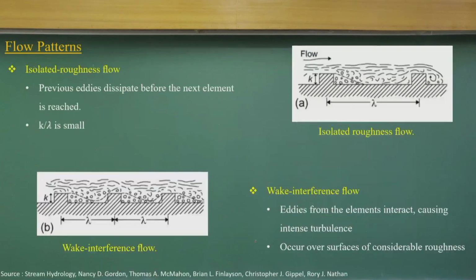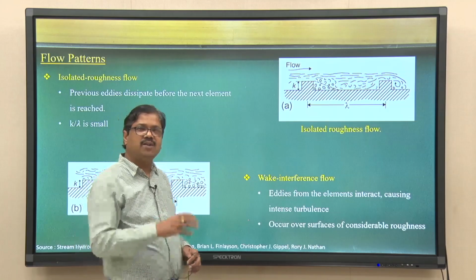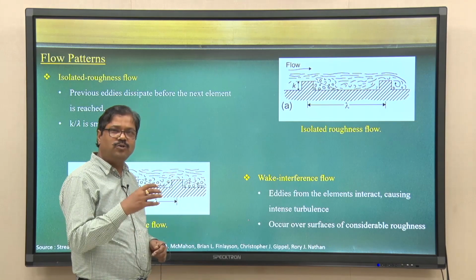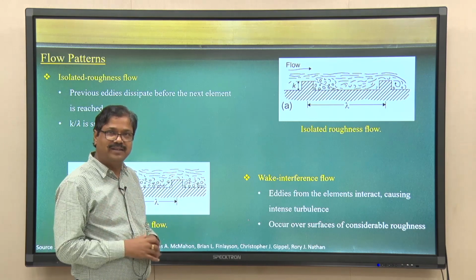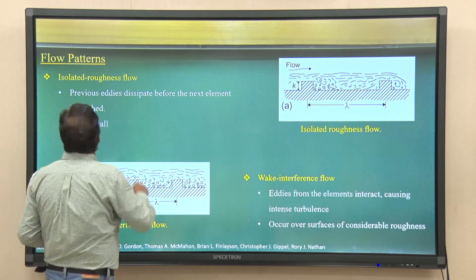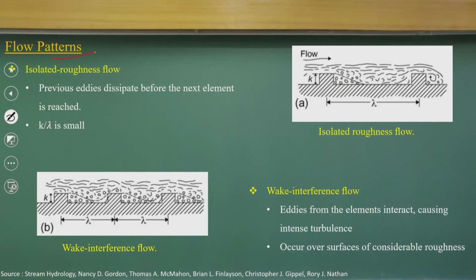Now, how does it happen? It is not only the particle size; it also depends upon the arrangement of the particles and how the flow patterns develop. It is a combination of your knowledge of fluid mechanics.